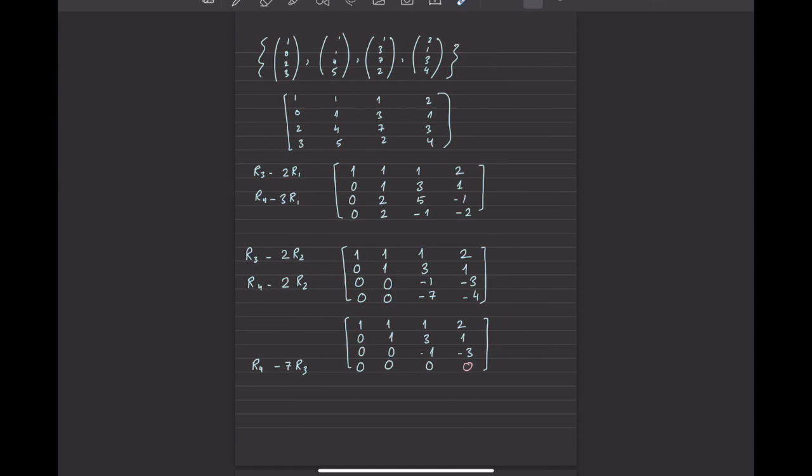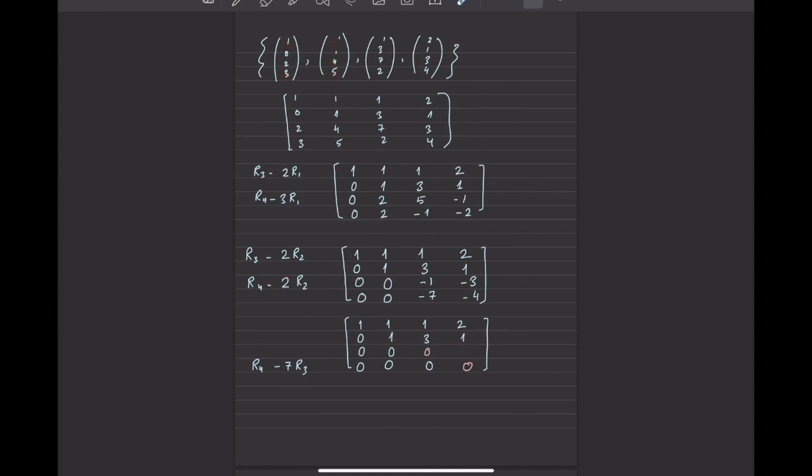Or let's imagine that you had gotten a 0, 0 in the second last row as well. That means you would have pivot variables only in the first column and the second column, so only the first two columns would have represented the basis.